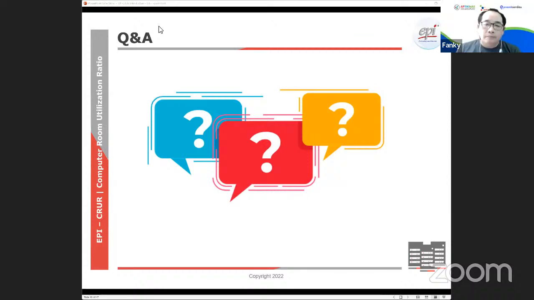For Indonesia, DCM Solusi is working with EPI, so they can actually conduct the audit at the location of the data center. We will then, in the background, review the reporting, and then the certificate will be issued.